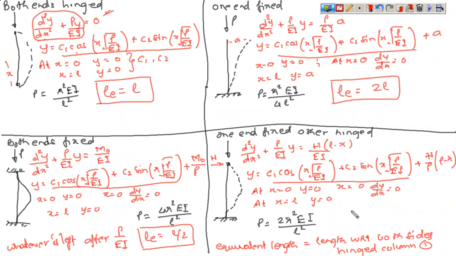And if you look at this equation, you have LE is equal to L by under root 2. So this is the concept of equivalent length. Equivalent length is the length which is said to be in comparison to a both end hinged column.